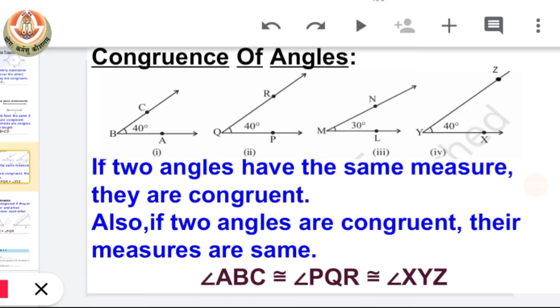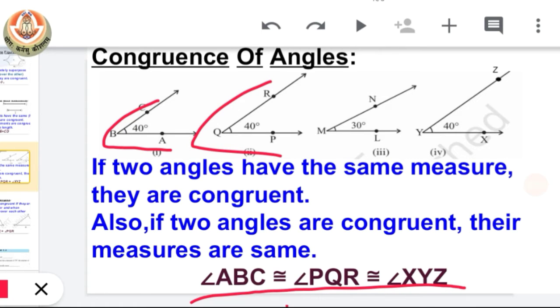You can see again how we can write them. Angle ABC is congruent with angle PQR. You have to keep in mind that the corresponding things should be written in corresponding places.